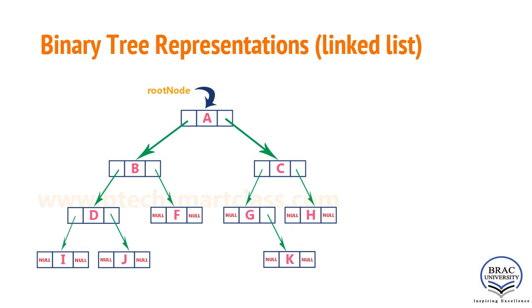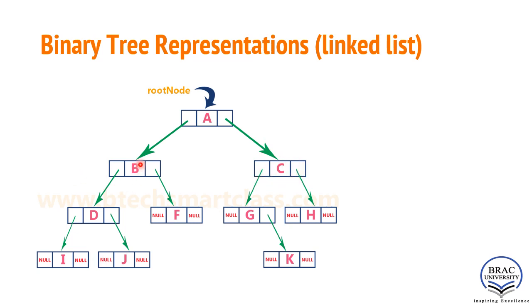The middle one shows the element, and there are two parts that represent the address, or link, of the next node. For this one, this is the root one, and this one shows the address or link for the left node, this one shows the link of the right node.